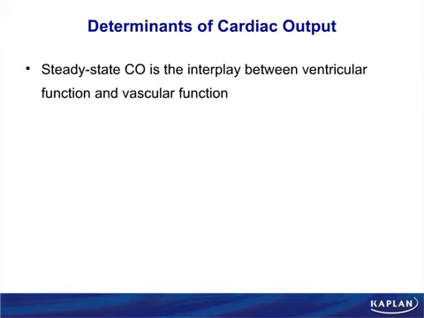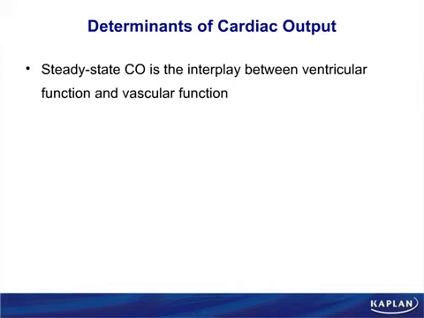The reason for that discussion of venous return is that venous return represents vascular function, and steady state cardiac output is not just about the heart. We discussed ventricular function in section 4.